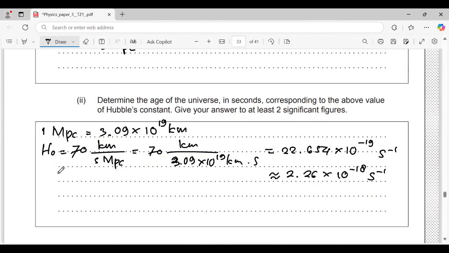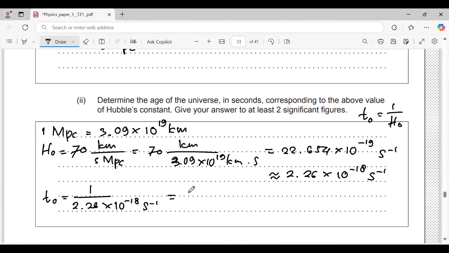So to find the age of the universe through the formula, T0 equals 1 over H0. T0, the age of the universe, is 1 over 2.26 times 10 power minus 18 per second.